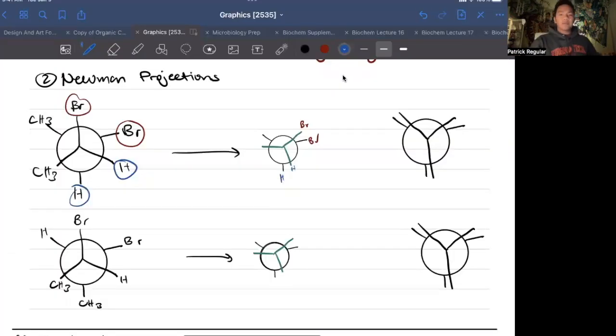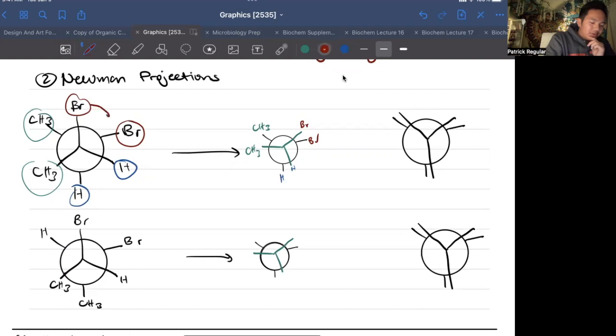Okay, this is the process of rotating it. Let me bring this back to green. Those CH3s will be right here. And you see, this is that little weird transition as I'm turning it. You see this bromine moving over as I'm moving it closer and closer to align with that. This is what it is.